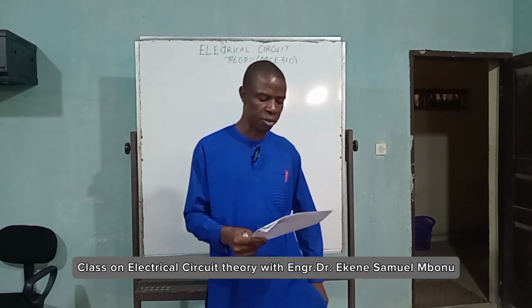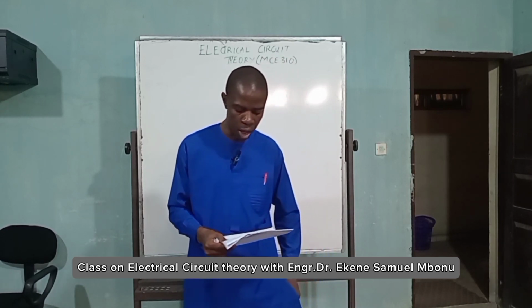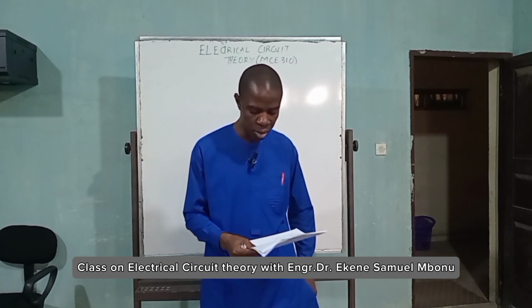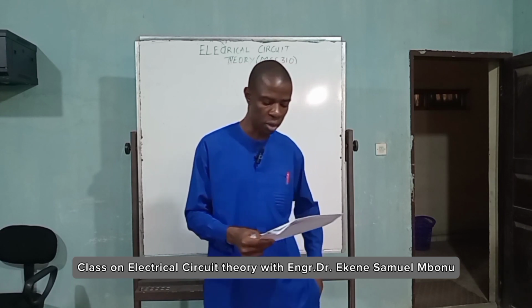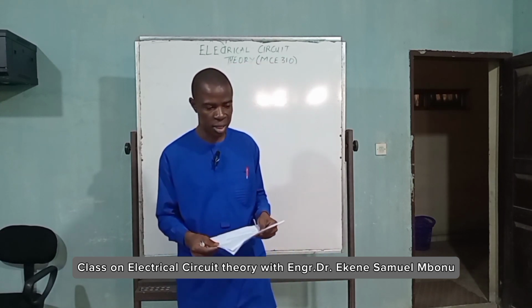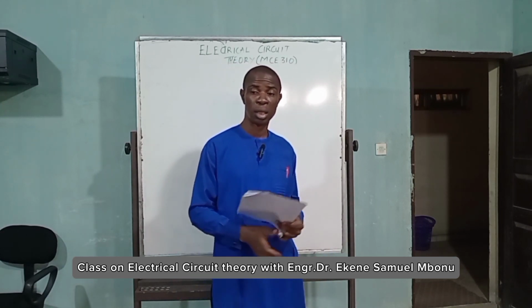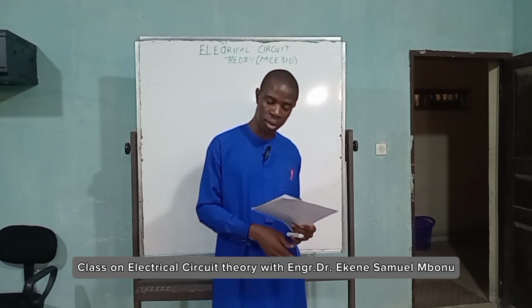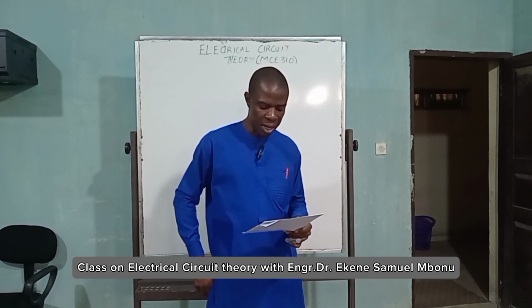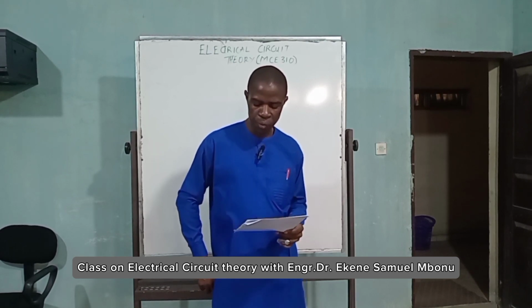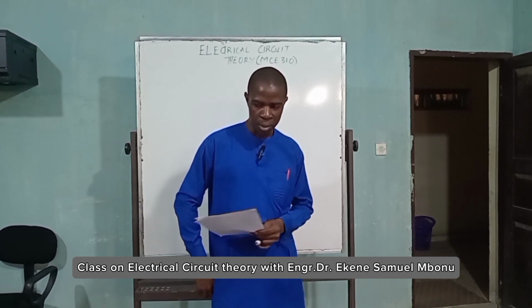Be able to derive appropriate models for RLC circuit responses. Number 4, you'll be able to develop the ability to apply circuit analysis to DC and AC circuits. And then you are expected to understand advanced mathematical methods such as Laplace transform.